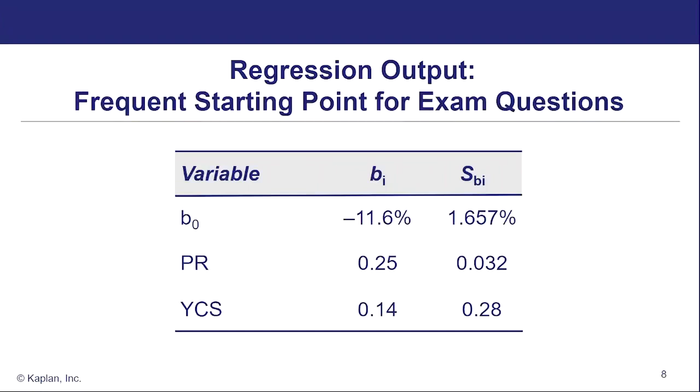We already know there are two x variables. And here is my regression output. We already saw this output. The coefficient on PR was 0.25, and the coefficient of the yield curve slope is 0.14. We already evaluated that the first coefficient is statistically significantly different from 0, whereas the next one is not.